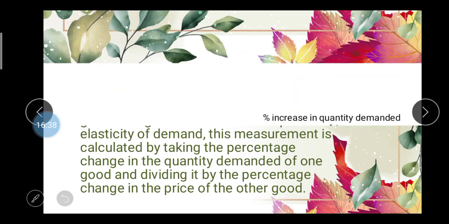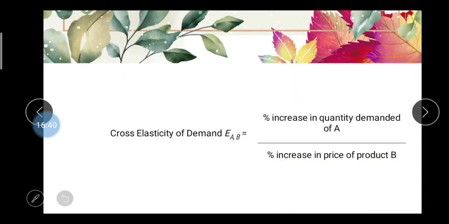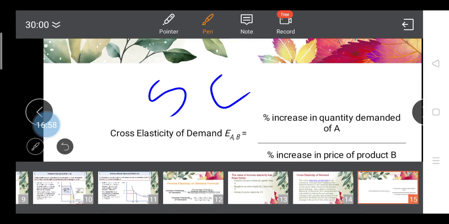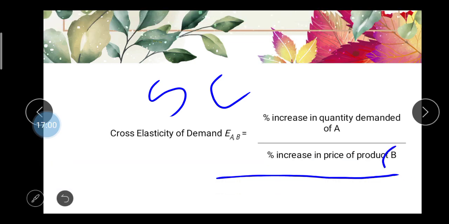So here is the formula of cross elasticity of demand: percentage change in quantity demanded of product A divided by percentage change in the price of product B. Products A and B may be substitute or complementary products. If the price of product B changes, how does it affect the demand for product A? You have to find this type of change through the cross elasticity of demand.